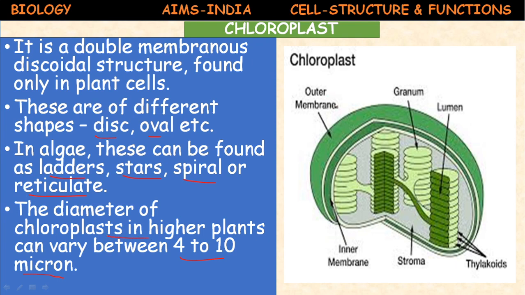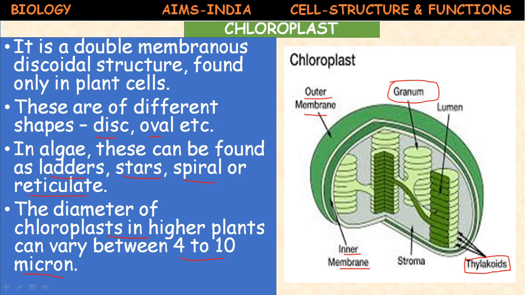So there are two membranes, the outer membrane and the inner membrane. The inner membrane consists of several discoidal plate-like structures called grana thylakoids or granum.